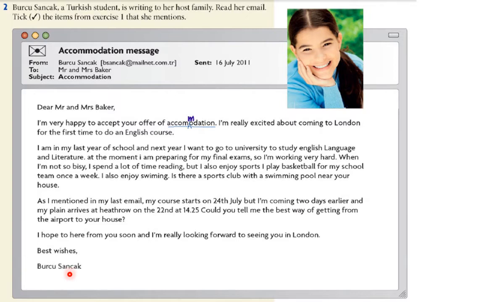After reading the email, we can now tick the items from exercise 1. The first one is, in the second paragraph: I am in my last year, and next year I want to go to university to study English language and literature.